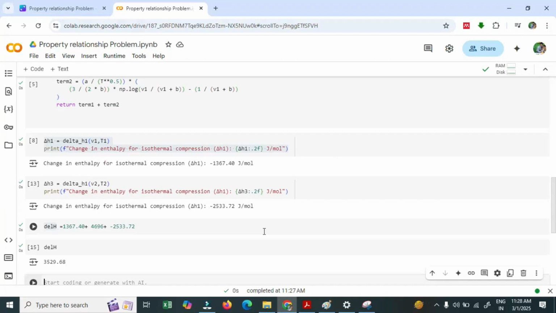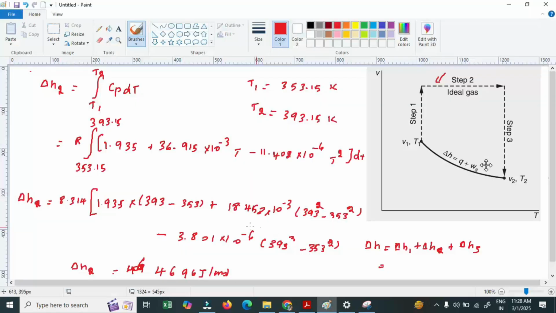Once I know the del H value, it is absolutely simple. The only thing we asked, what we expected, is to find the Q value.